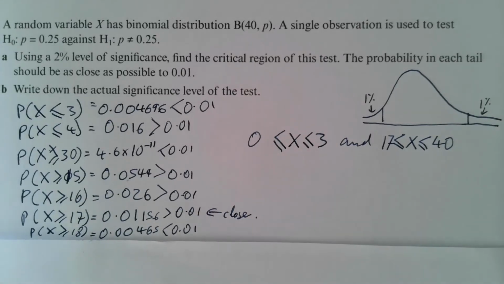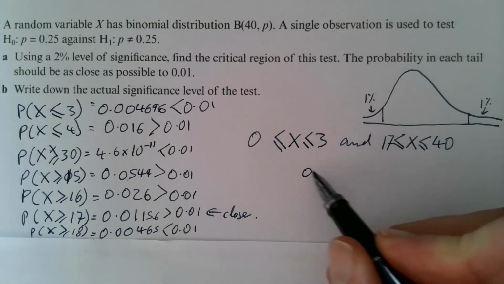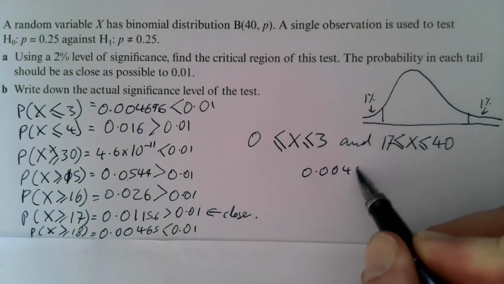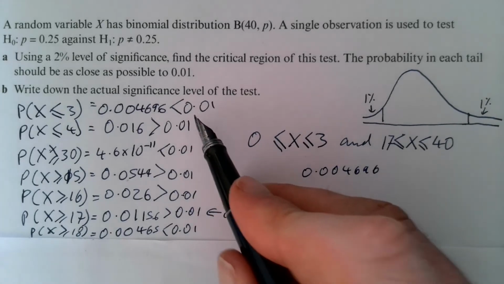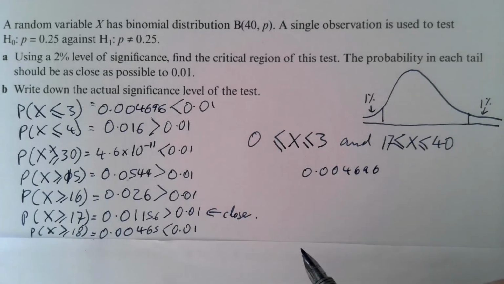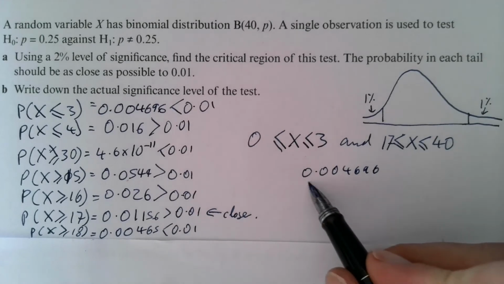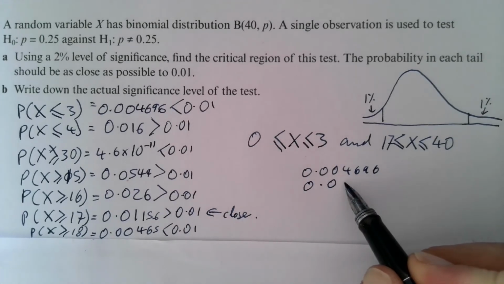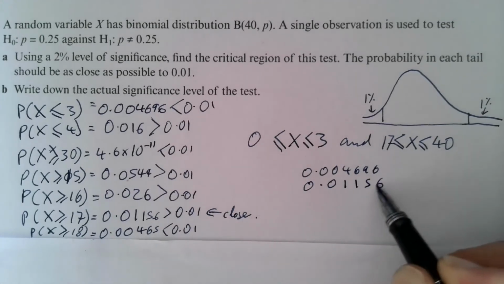And then part B, the actual significance of the test, we're going to need to add together the two things we've got. So I've got my 0.004696 was my first one, and I've got my 0.01156.